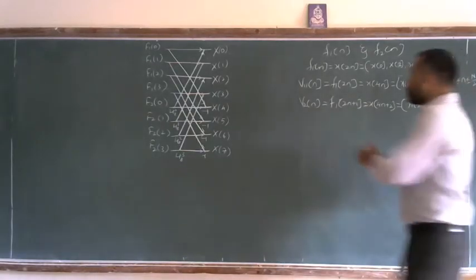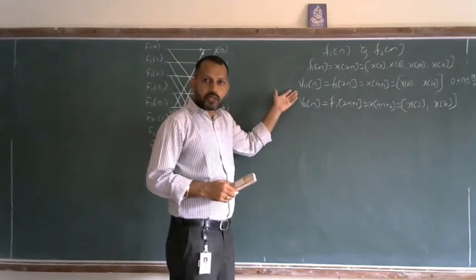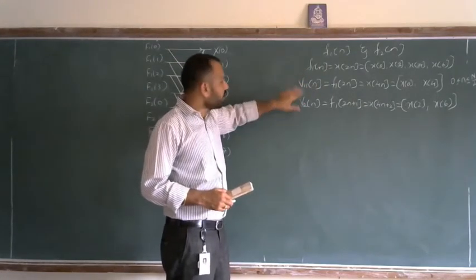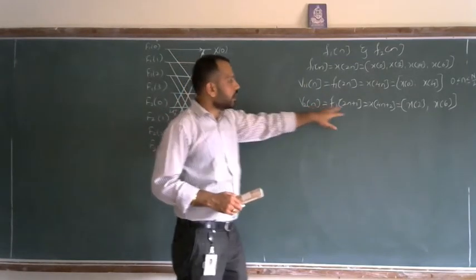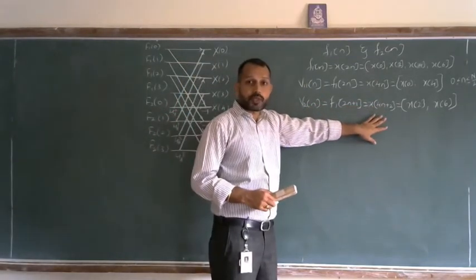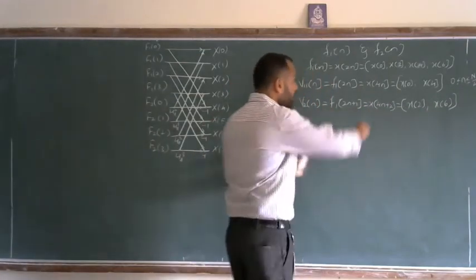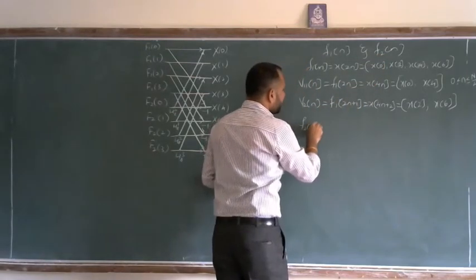So from F1 of n, we obtained the even numbered samples and denoted them by V11 of n, and V12 of n contains only the odd numbered samples from F1, which are x of 2 and x of 6. Likewise, we need to repeat this for the second sequence as well, F2 of n.